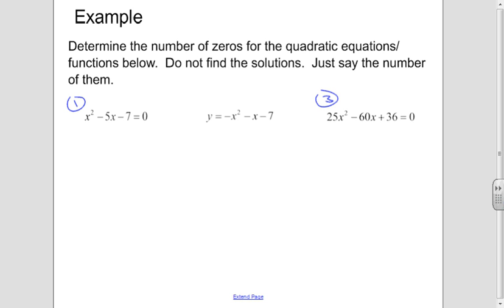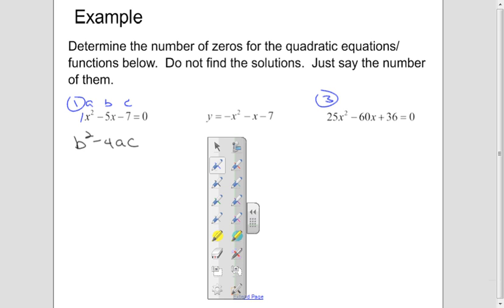Okay, so if we see here, it's 1x squared, that's our a value. B is -5, and C is -7. So I've got b squared minus 4ac is the formula I'll use, which is going to give me, try and go in color here a little bit.